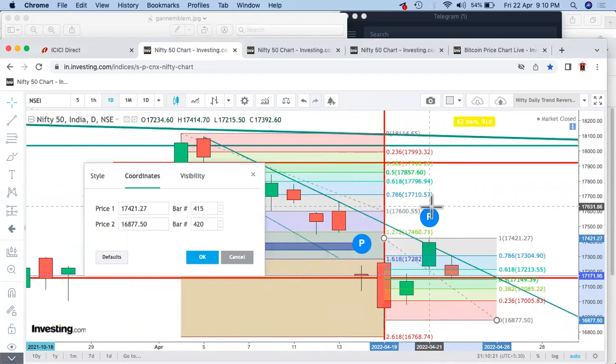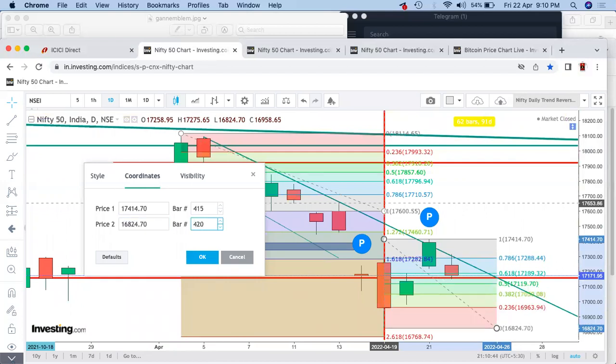Let's say, for example, this high was 17414.7, that is my high, and the low of this candle was 16824.7, right?